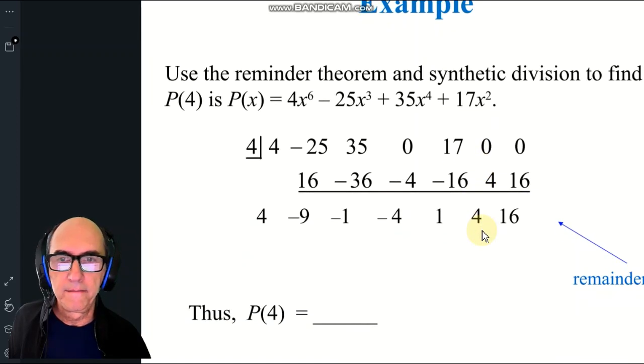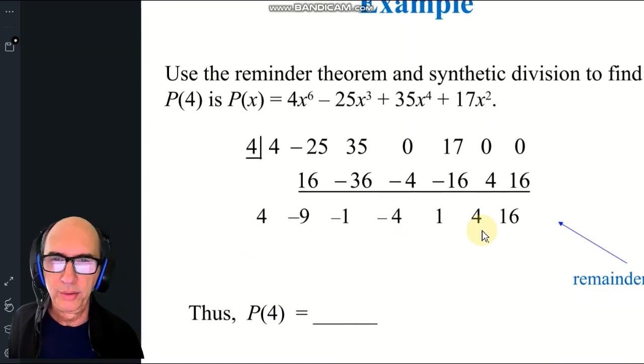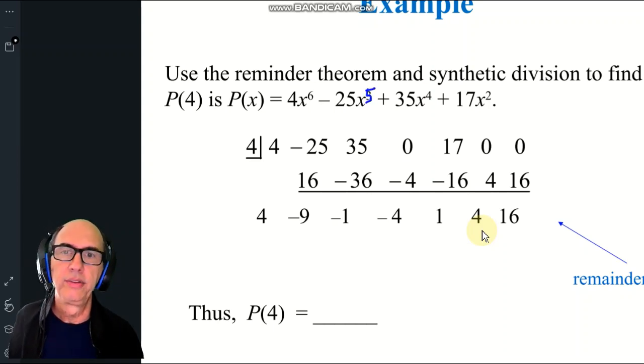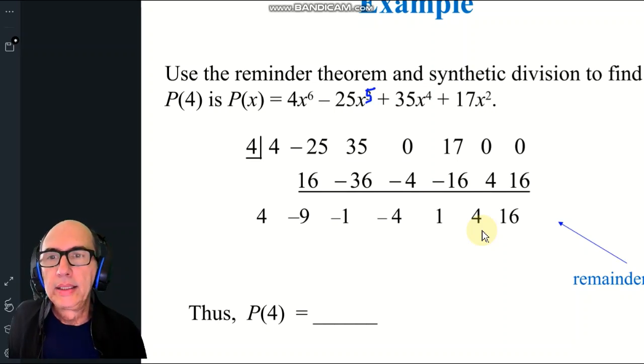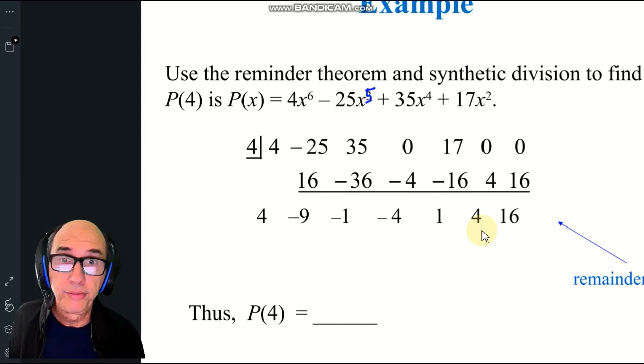Let's say you have this polynomial, and we need to fix it because it's not quite right. This is power of 5. P(x) equals 4x to the 6 minus 2x to the 5, sorry, x to the 5, plus 35x to the 4 plus 17x squared. First you need to complete it because you have power of 6, power of 5, power of 4.